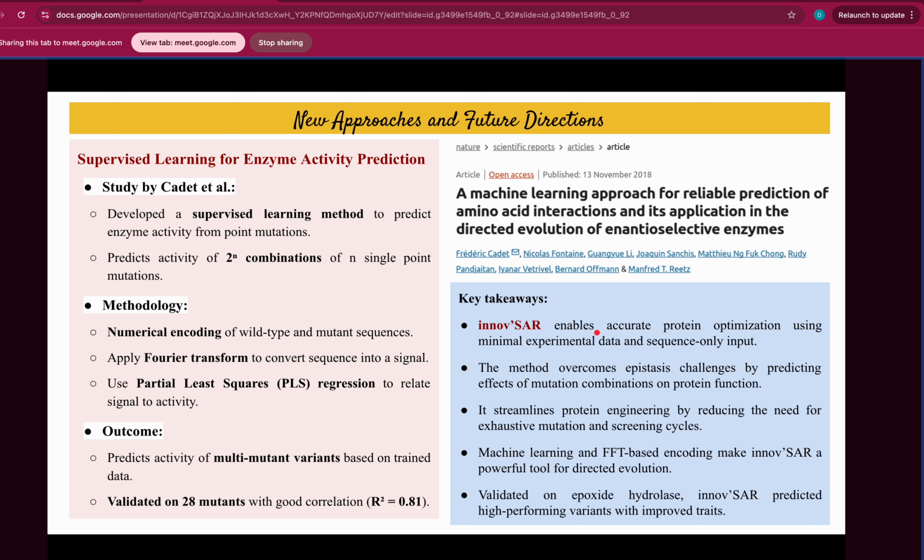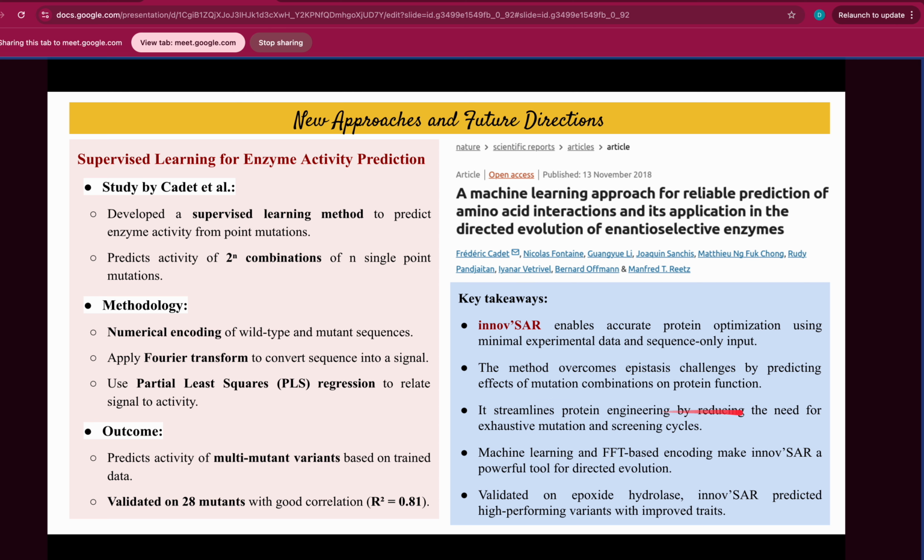So these are the key takeaway messages from this paper, in which they have given a strategy which is INNOV-SAR, which enables accurate protein optimization using minimal experimental data and sequence only input. So this method overcomes the epistasis challenges by predicting the effect of mutation combinations on protein function, because we have seen that there could be multiple mutations which could be linked to one another.